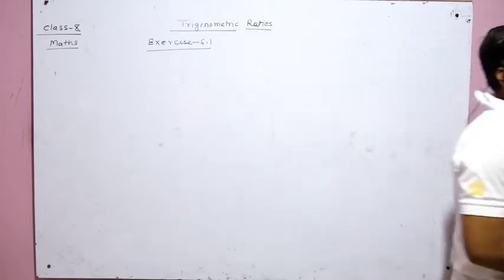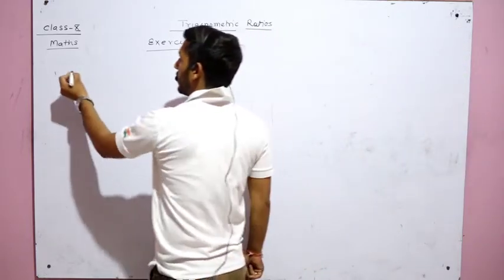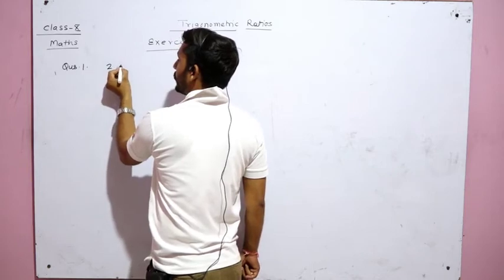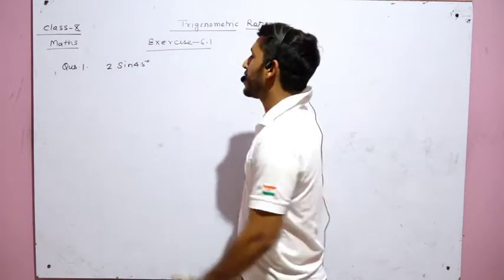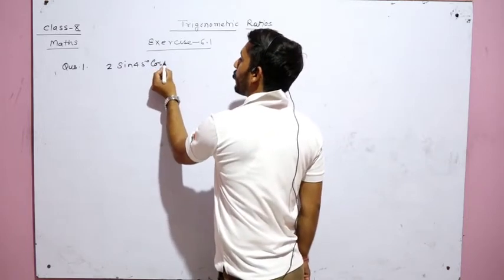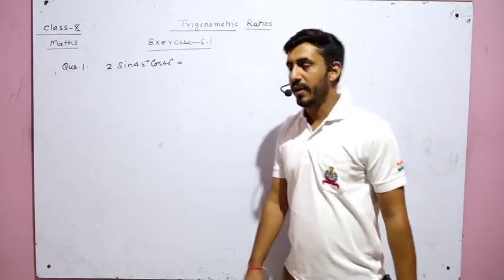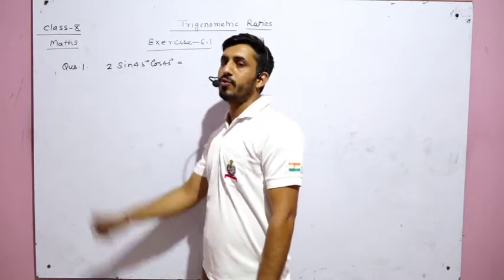First, I am taking question number one, which is 2 sin 45 cos 45. We have to find the value of this term, the multiplication of sin 45 and cos 45.